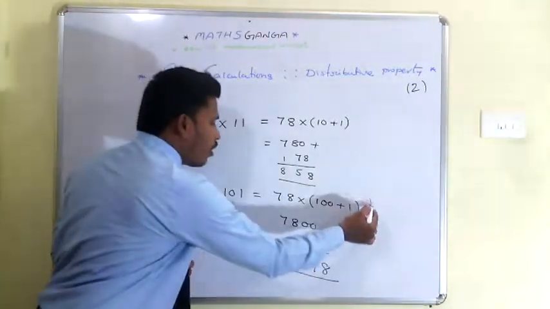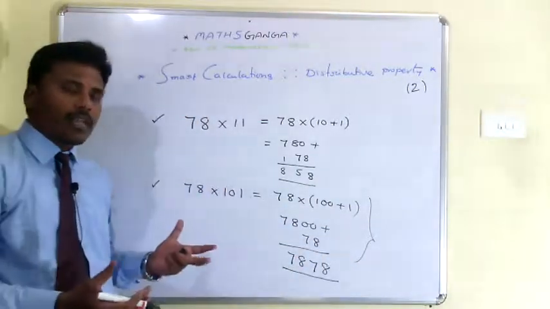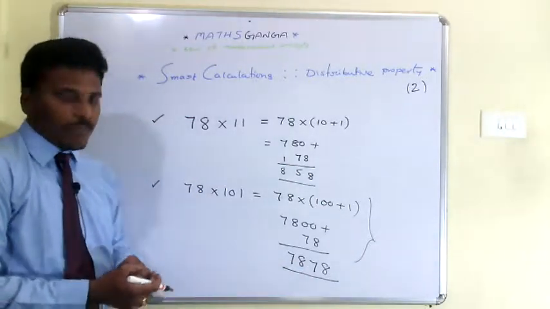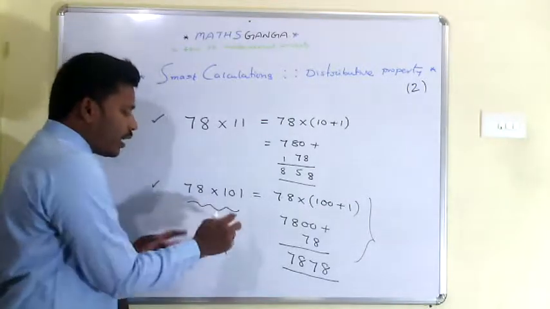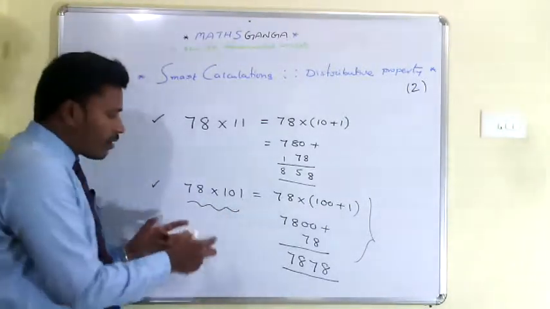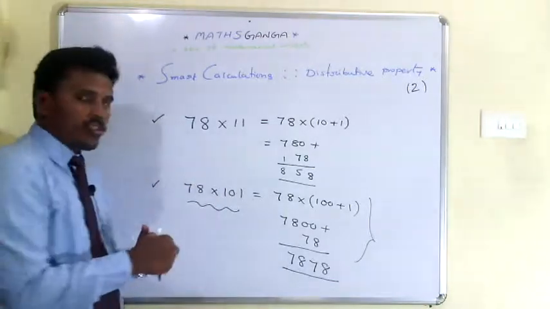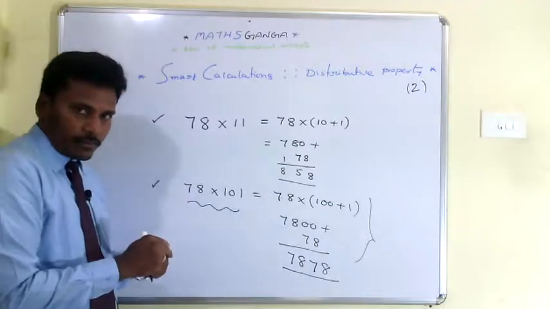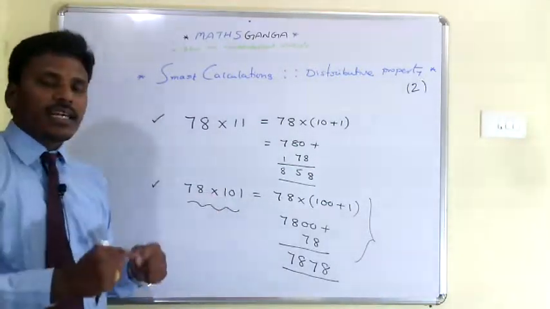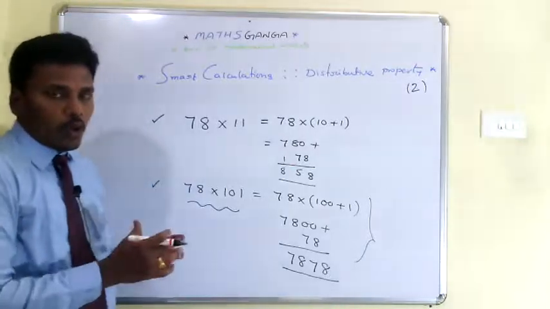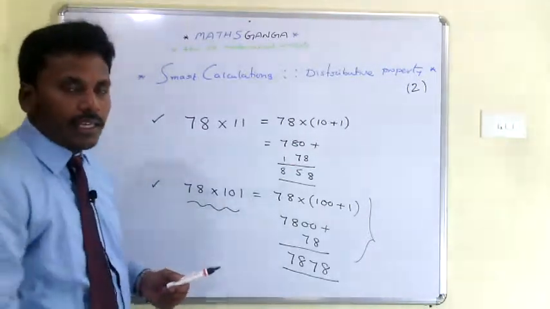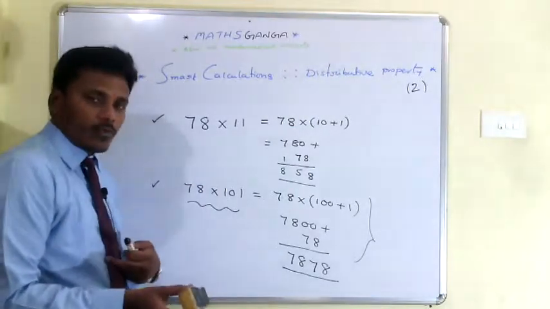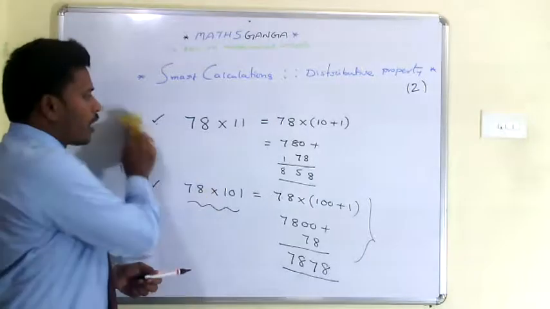So without doing all this, directly we will say that 78 into 101 is 7878. If you observe, since 78 has 2 digits and 101 is 10 square plus 1, if we multiply a 2-digit number with 10 power n plus 1, the result comes in this manner.